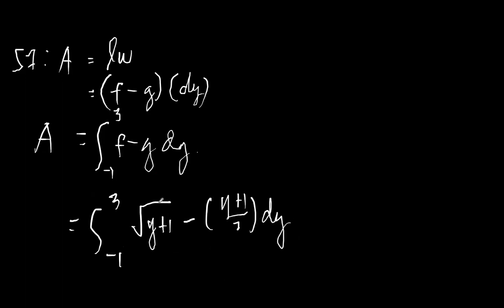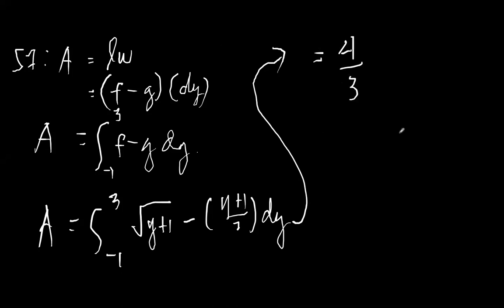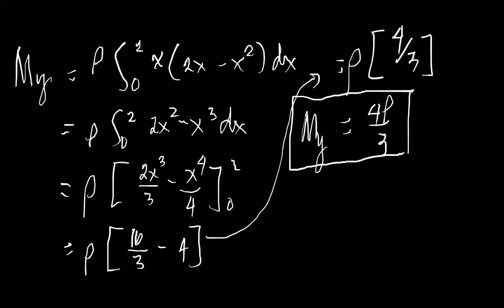So this is how we're going to solve for the area of the given region. However, we have already solved the area of the region. Since we're dealing with the same region, we knew that its area is 4/3.